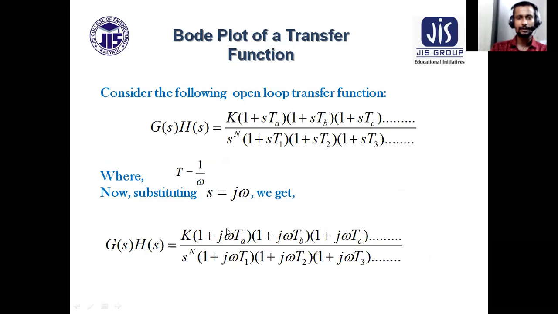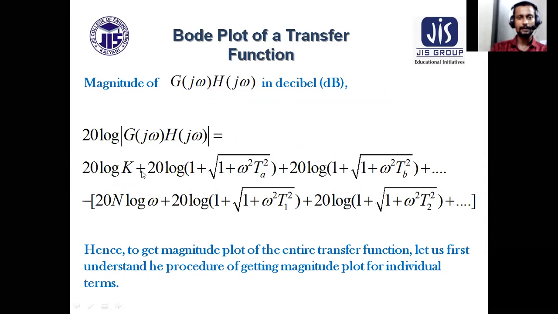Based on that fact, the magnitude of 1 plus j omega Ta will be under root 1 plus omega square Ta square, and as it is in decibel, 20 log will be there. So 20 log under root 1 plus Ta square omega square, and as these are in multiplied form, the magnitudes will be added up. Similarly, plus 20 log under root 1 plus omega square Tb square.